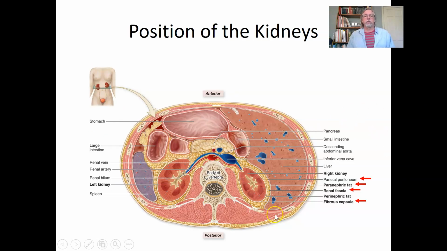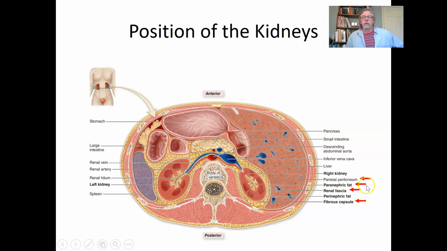This slide is illustrating some of those structures. This is a transverse section through the abdominal cavity, anterior here, posterior here. Here's the vertebral column, and here are some of the abdominal organs: liver, stomach, intestines, pancreas, and here are the kidneys. So, retroperitoneal location. If you look at the parietal peritoneum, it's here, and the kidneys are lying posterior to that.